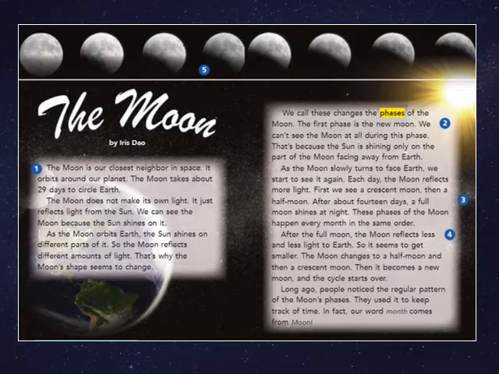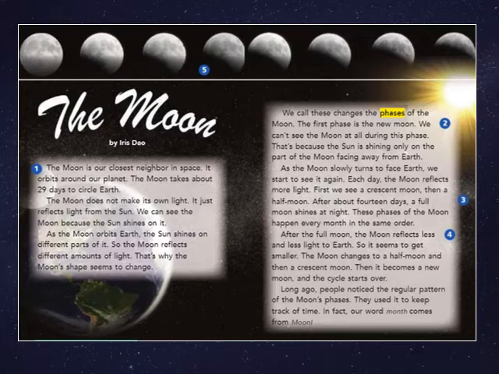What happens after the full moon phase? Look back at the paragraph next to the number 4. The moon reflects less and less light each day, until we get back to the new moon, and then the cycle starts all over.